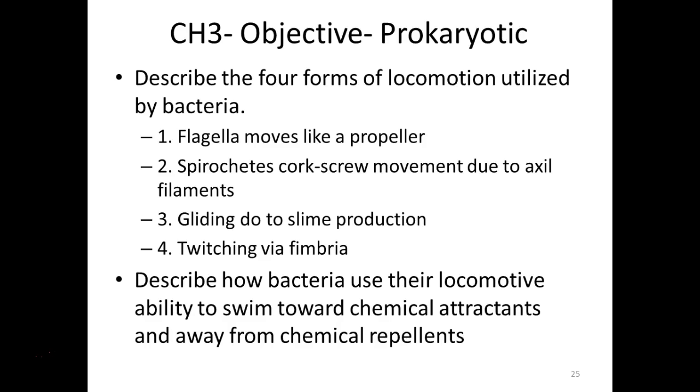Well, an attractant would be something like food, right? And a repellent would be some type of waste or something harmful, something toxic. But how do they know? They don't have eyes, ears, noses, do they? What do they have? So they're a cell. At the very least, they have a membrane.